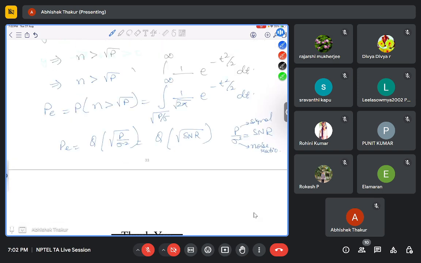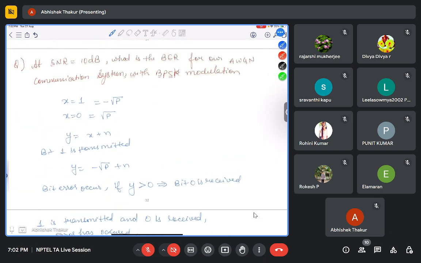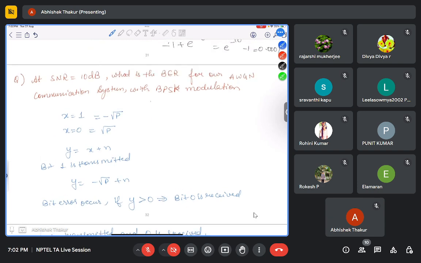Now coming to the question. In this question SNR is given as 10 dB. Convert the SNR into normal units, not in dB. We get SNR equal to 10 to the power of 1, so this is equal to 10.